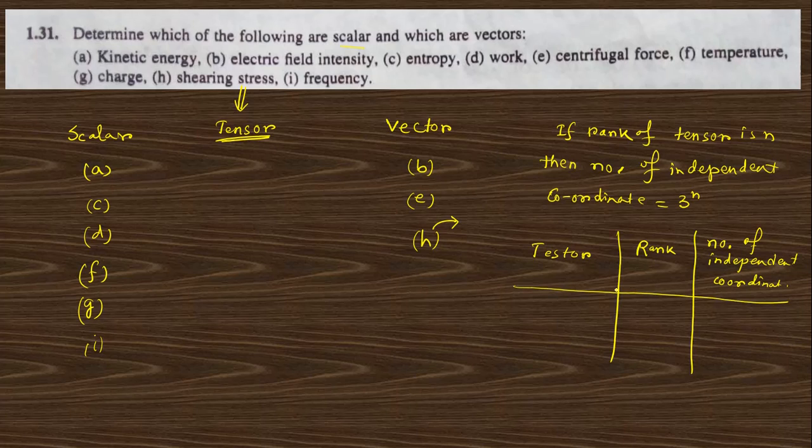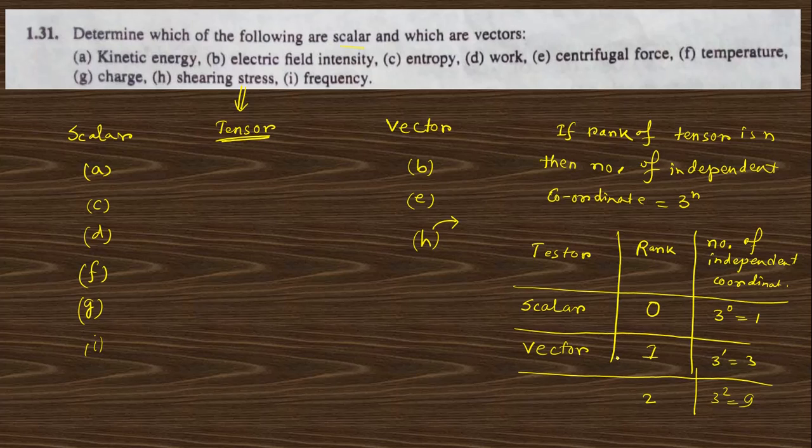If you say tensor rank 0, the number of coordinates is 3 to the power 0, which is 1, and this is known as the scalar. So a scalar is nothing but a tensor of rank 0, and if the rank is 1, this is 3 to the power 1, that is 3, and this is known as a vector. So a vector is a special case of a tensor. For rank 2, this is 3 to the power 2, that is 9. This is known as tensor rank 2.